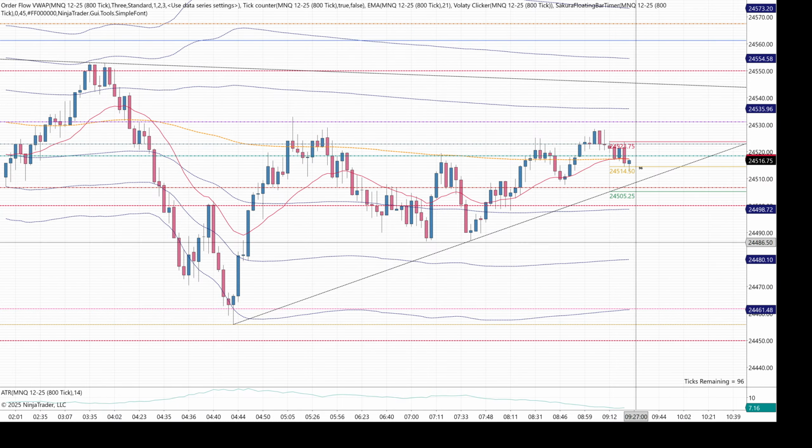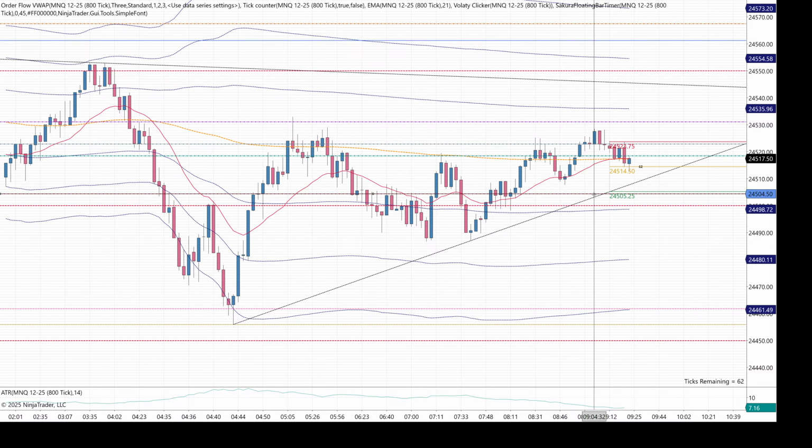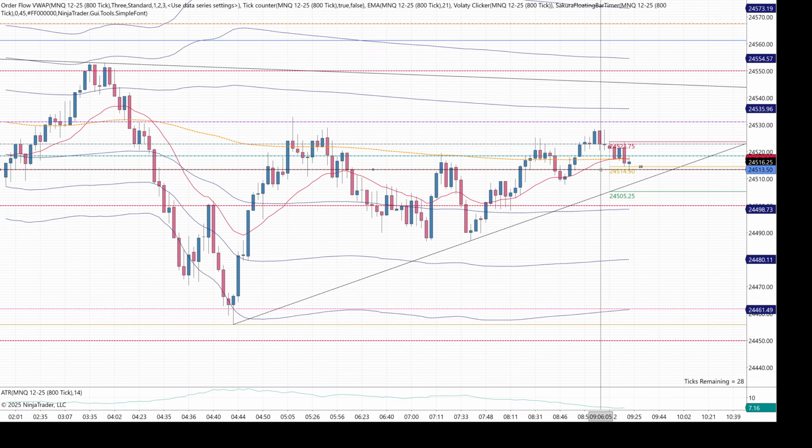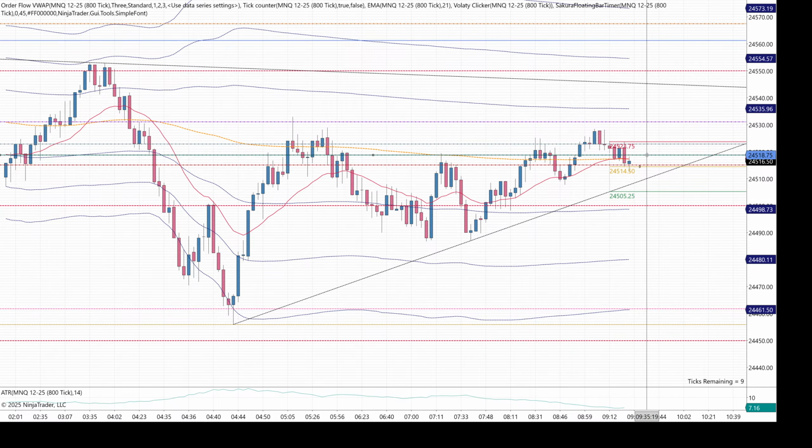And then the 21 5-minute EMA, which I believe is at 15, right there. So we're sandwiched in between these two EMAs.